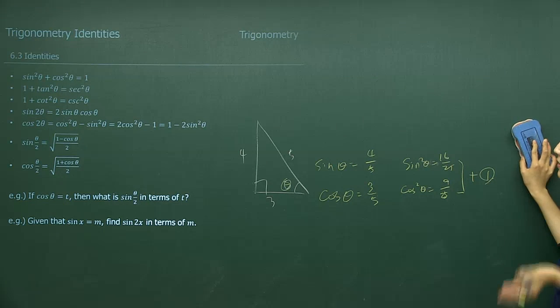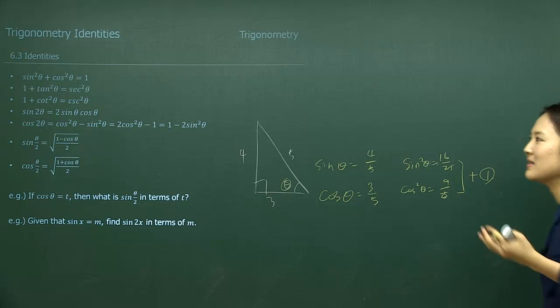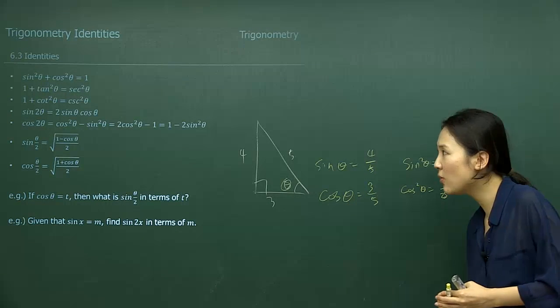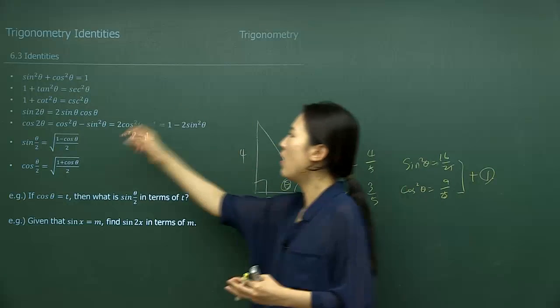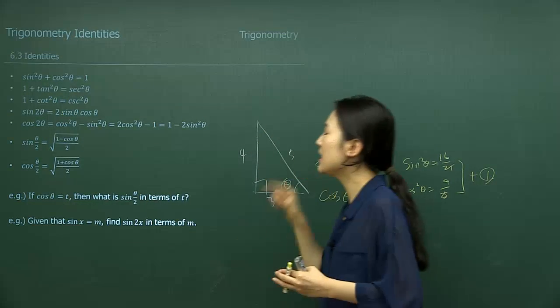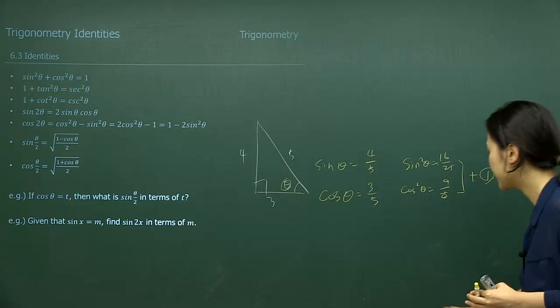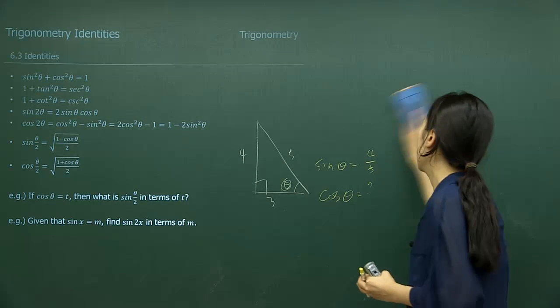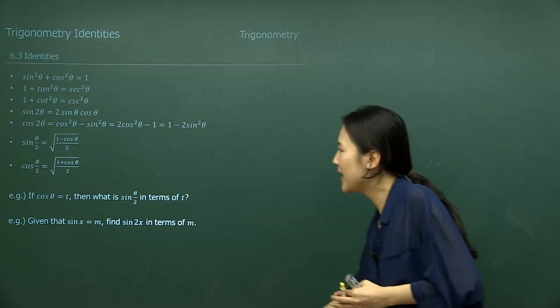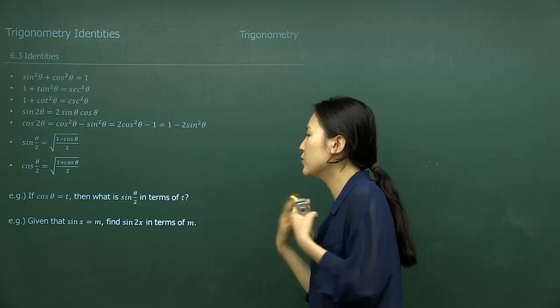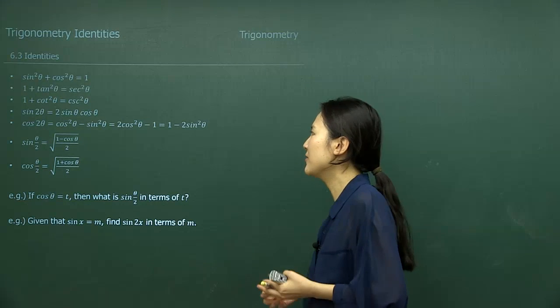So please do understand what these identities are. They're just simple facts between the ratios. So if you add 1 to the square of tangent, it does equal secant squared, okay? So once you memorize them, you may use them in order to find and look for some other stuff.